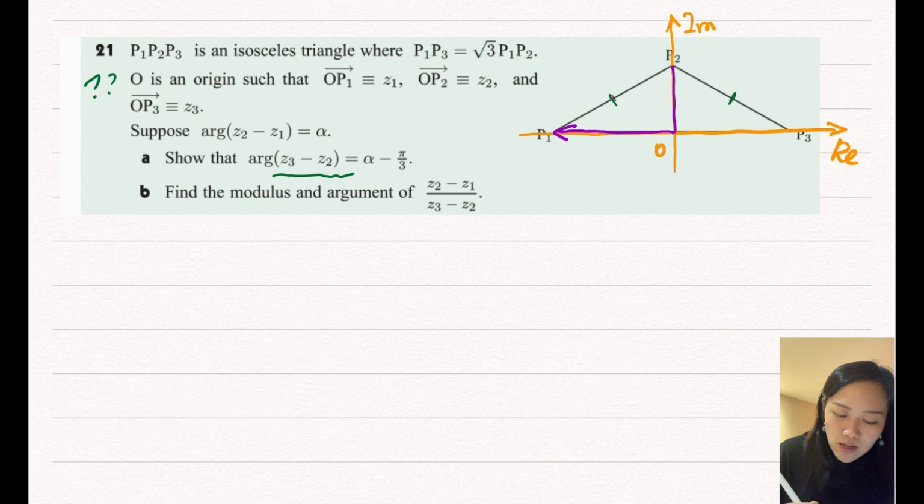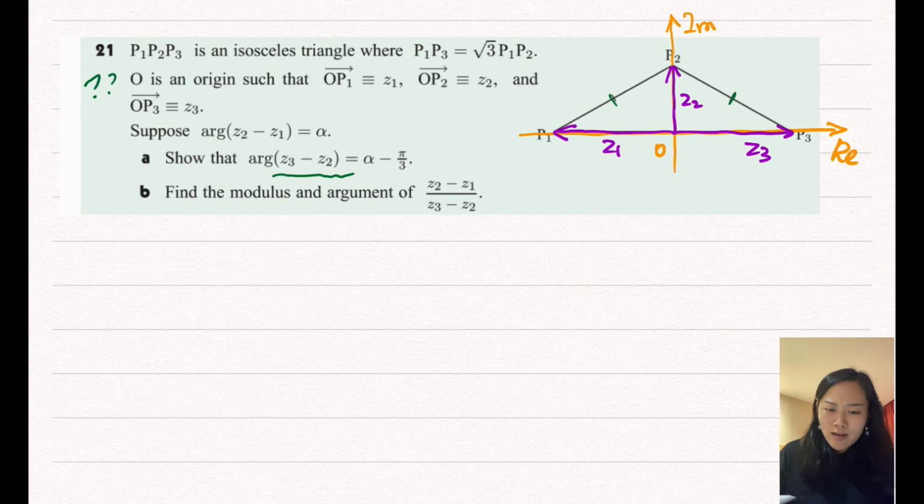OP2 is on the imaginary axis, and OP3 is right here. So we have our Z1, Z2, Z3. Conveniently, each one of them is at a 90-degree angle to the next, right? And they're all on the axes that we have drawn.